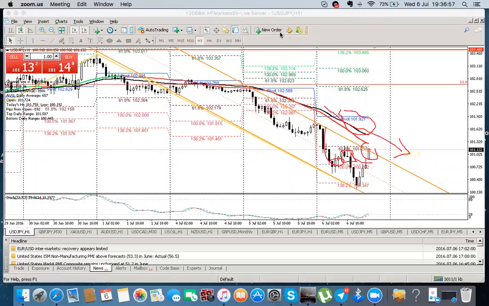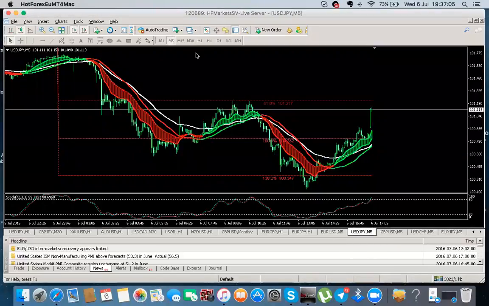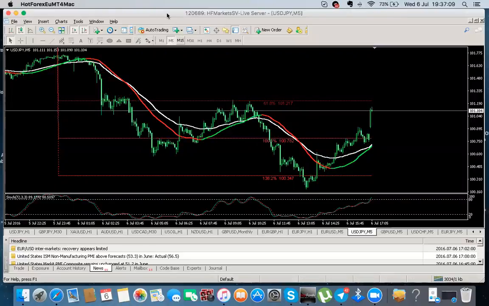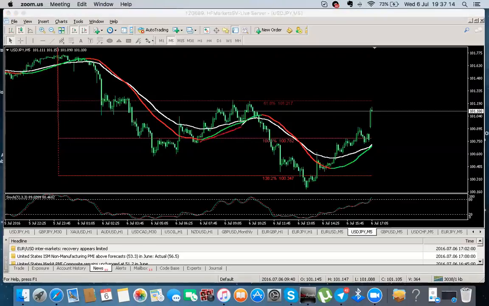The reason I entered this trade, if you go back to the 5-minute chart on US dollar versus yen, is this beautiful pattern which occurs rarely.